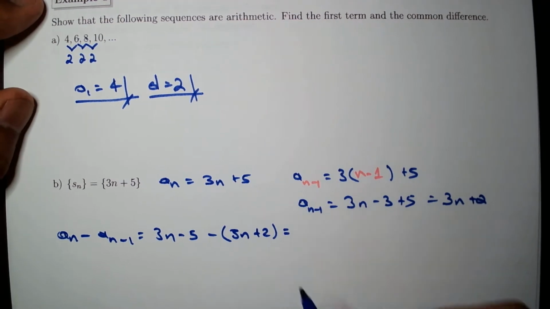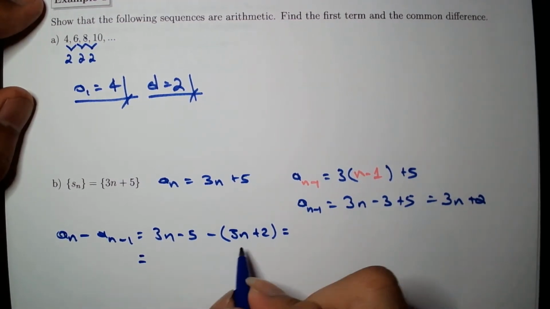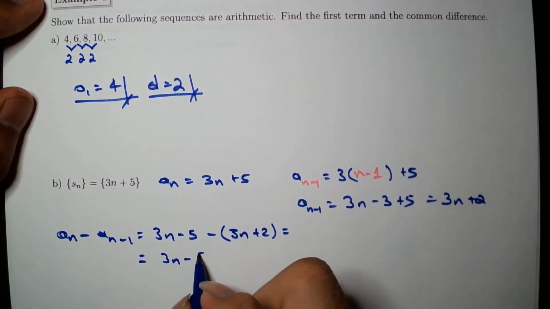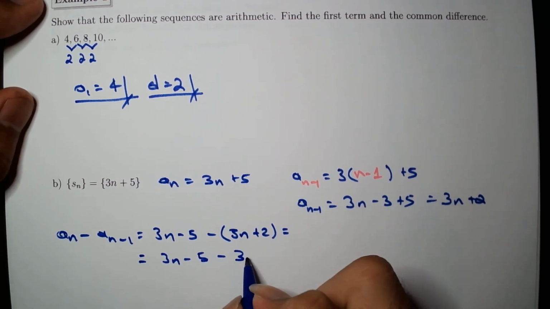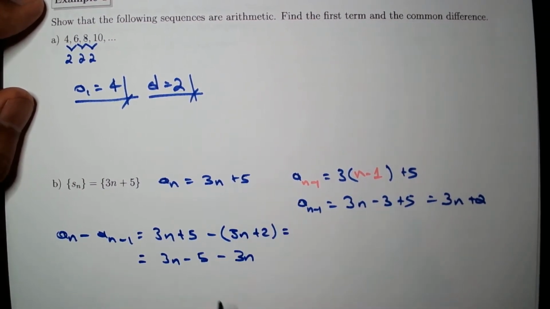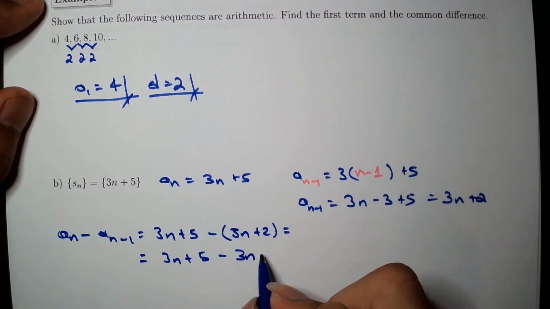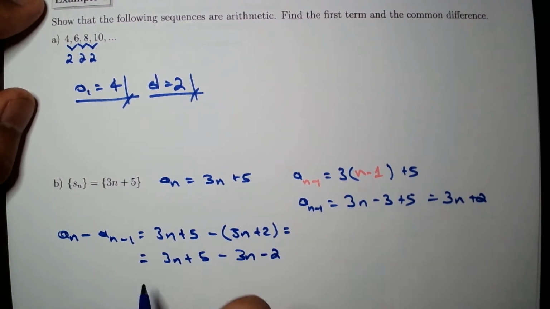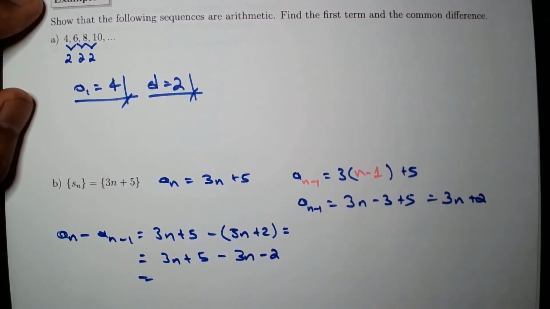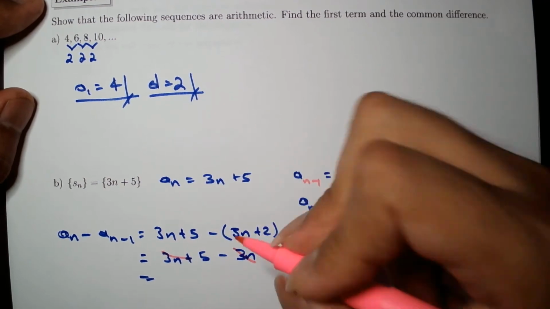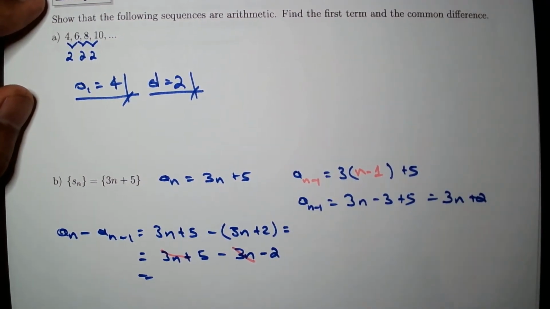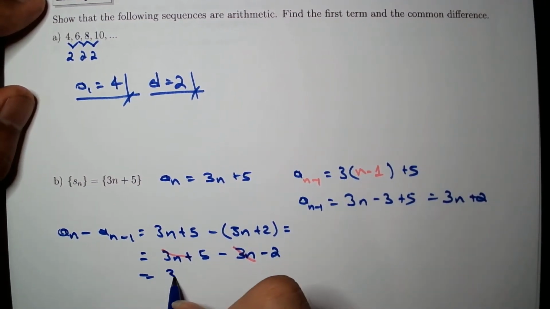What are we going to get? 3n plus 5 minus 3n minus 2. Notice how these 3n's go away, and we're left with 5 minus 2, which equals 3.